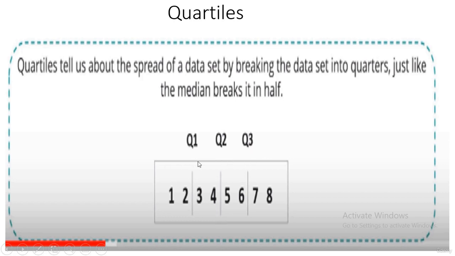That means it has been divided into 4 parts, Q1, Q2, Q3, so the data has been divided into quarters.